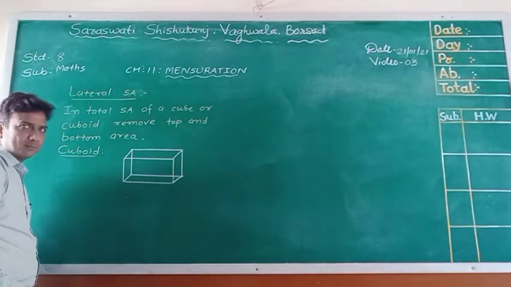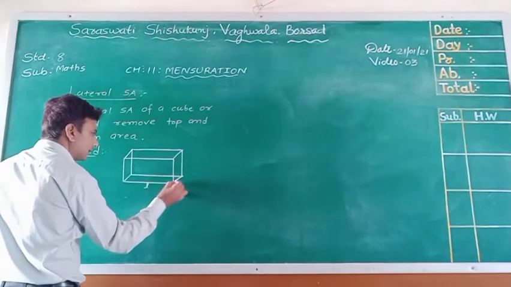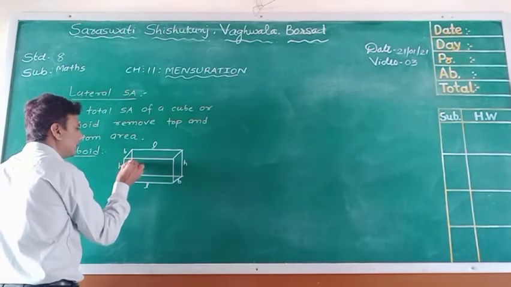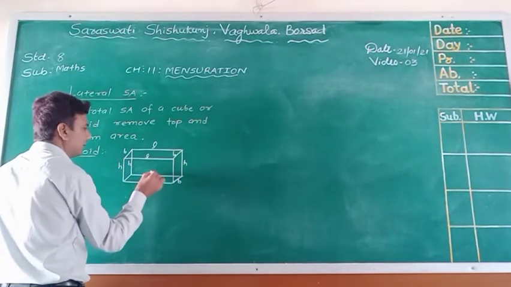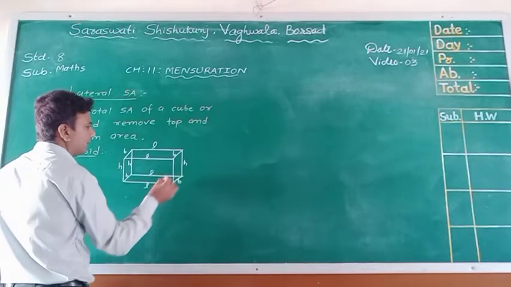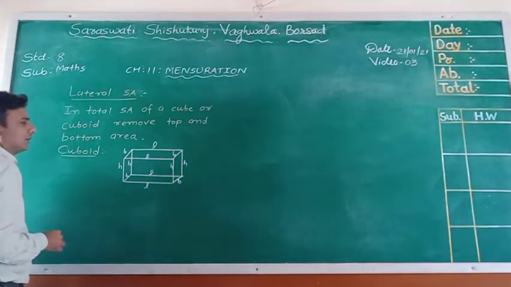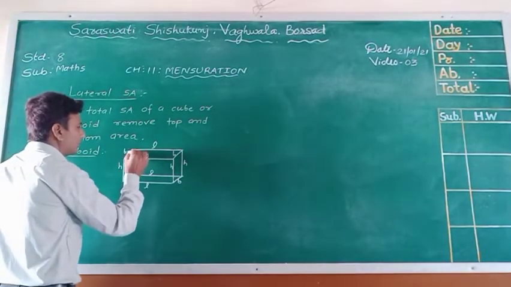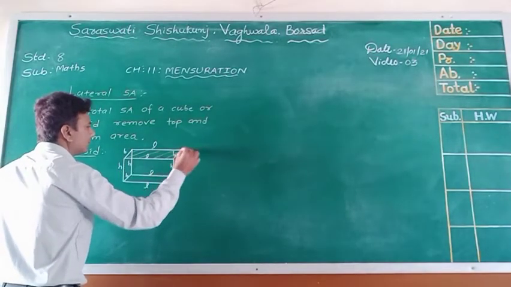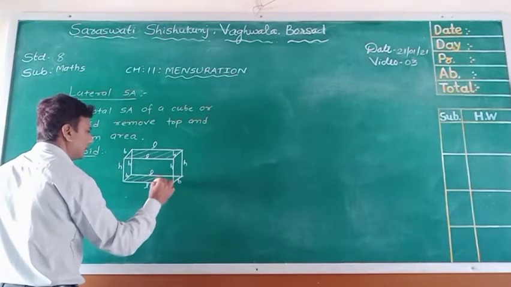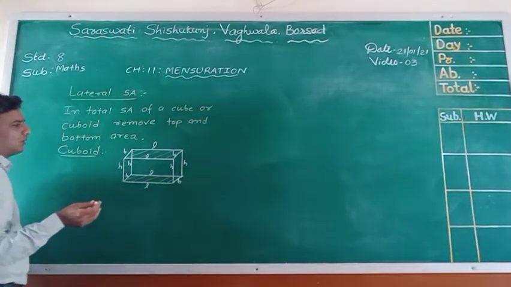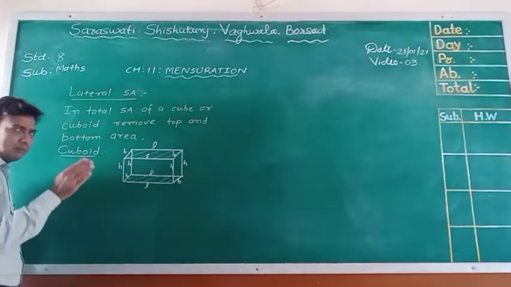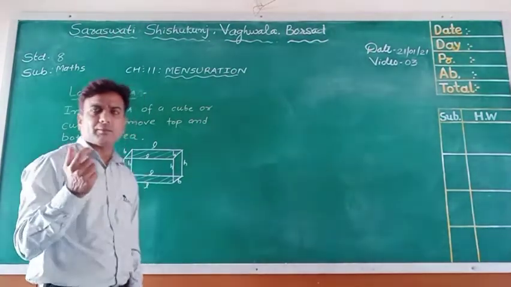See this cuboid: this length, this breadth, this height. Clear? Here we have to remove this part, the base. Only 4 walls will be there: front, side, back and side.